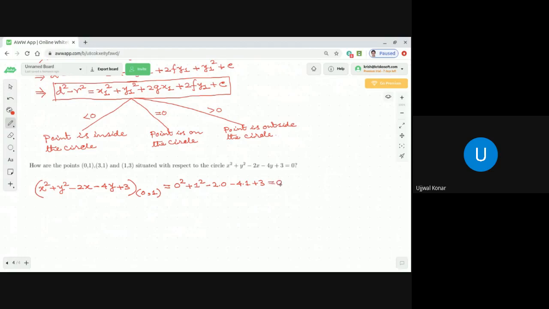That is equal to 0. So we can conclude the point (0, 1) is on the circle. Correct, dear students?